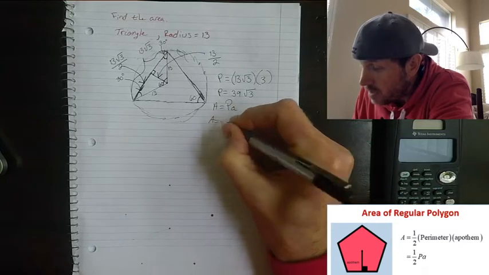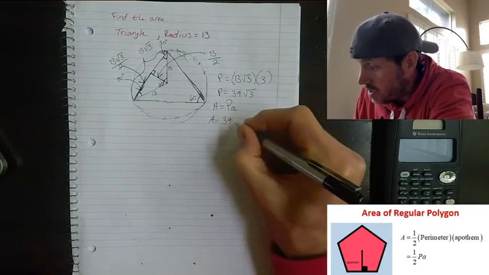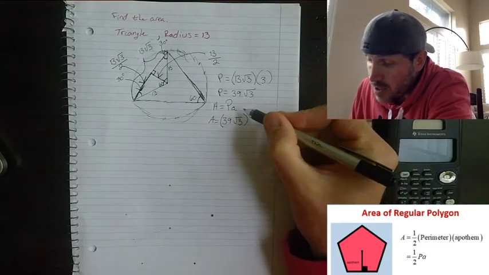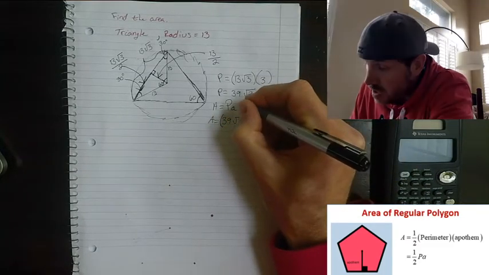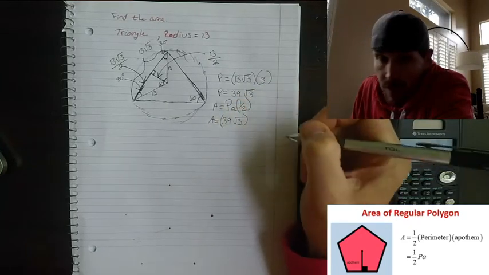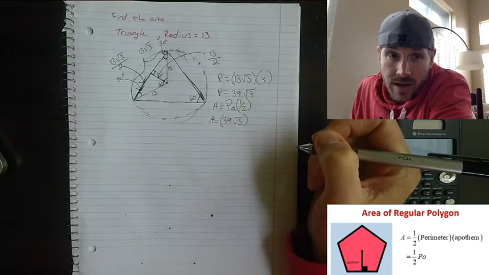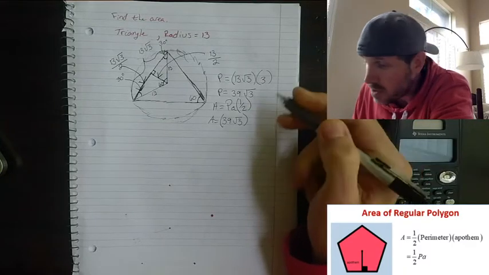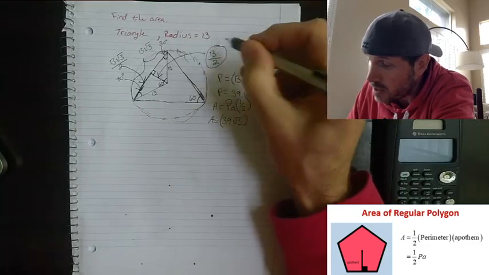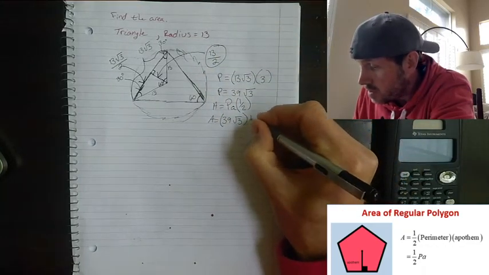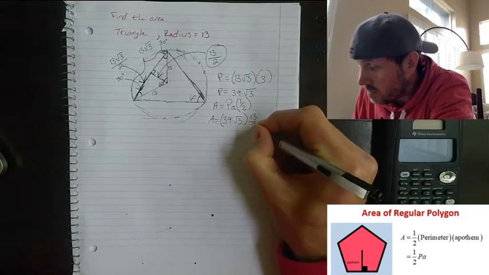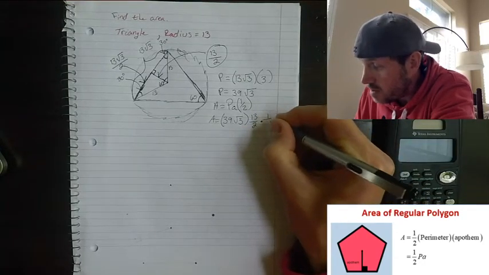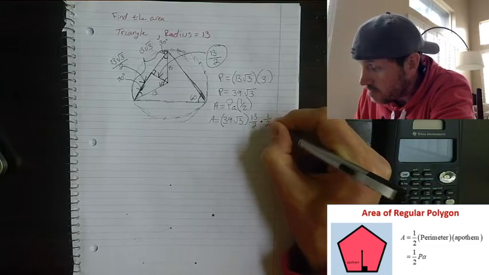and that makes 39 radical 3 times, and that's times 1/2, isn't it? Almost forgot that. So 39 radical 3 times our apothem, and our apothem is 13 over 2, and then that's going to be times 1/2. Okay?